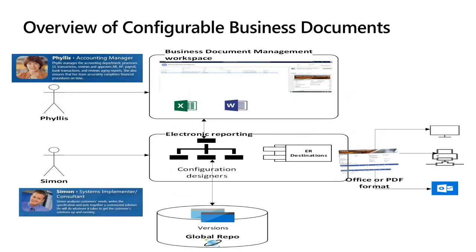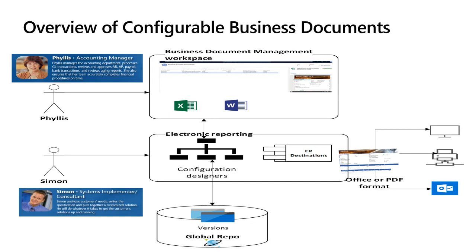Just a quick refresher of what configurable business documents is and its architecture. We target the Phyllis persona, a business user, an accounting manager in Contoso, responsible for the accounting department, ERP, etc. Her task is to do a last mile customization of a business document.